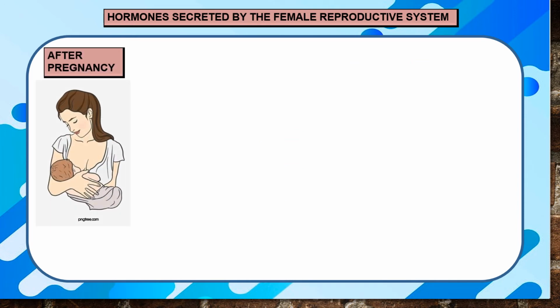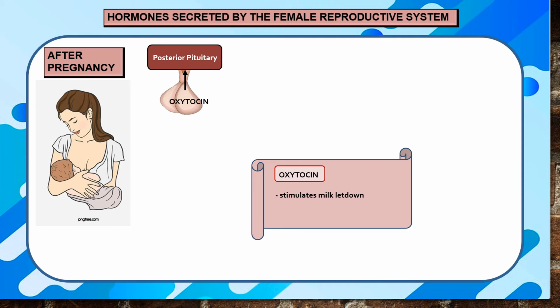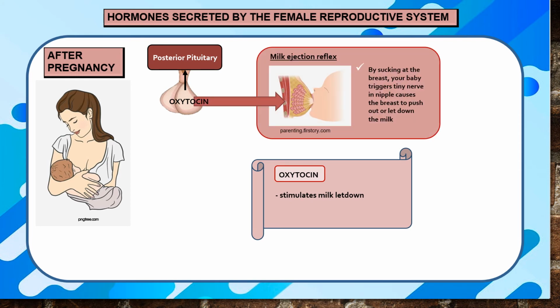After pregnancy, the posterior pituitary gland also produces oxytocin to stimulate milk letdown. By sucking at the breast, your baby triggers tiny nerves in the nipple, causing the breast to push out or let down the milk.